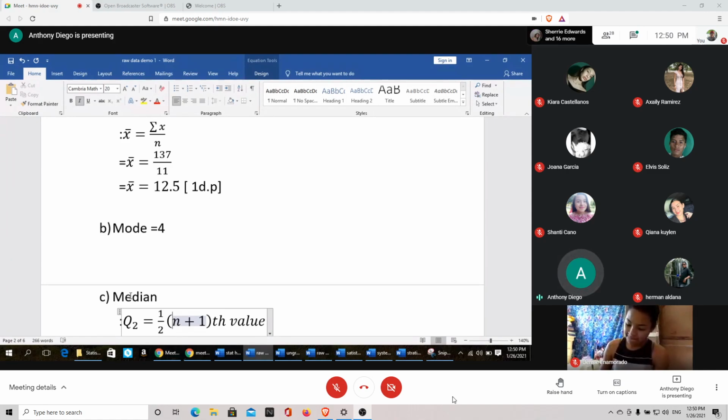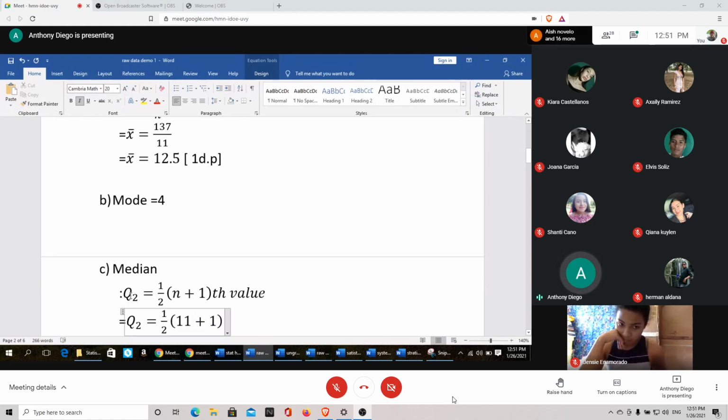Okay? So what I'm saying here, do not confuse the mean. The mean is the average of the set. This is the median, the centralized value that you are finding. So in this case, it's going to be a half (11 plus 1), because n is 11, plus 1, that will be 12.